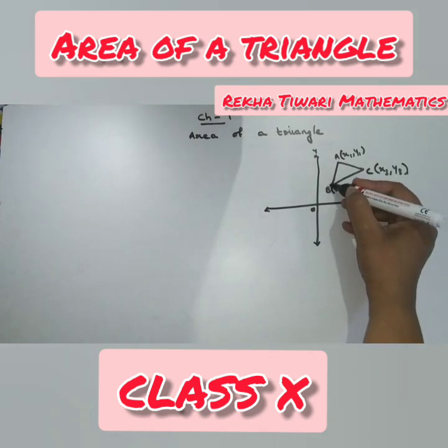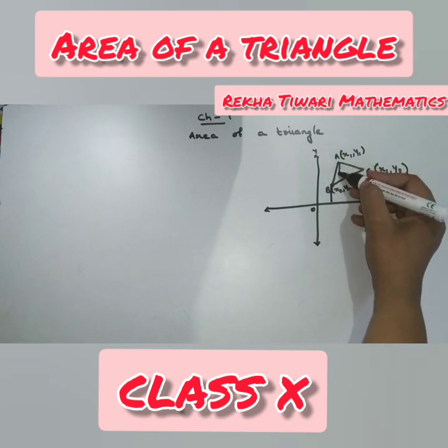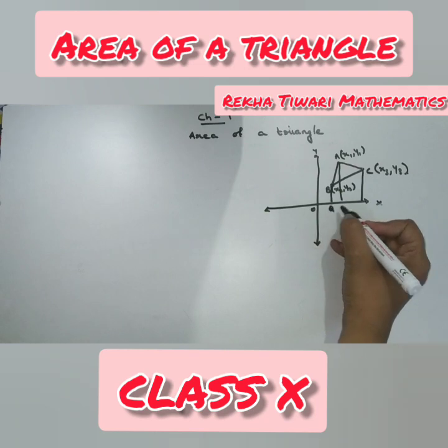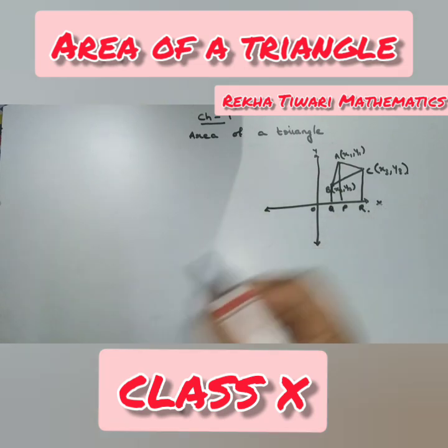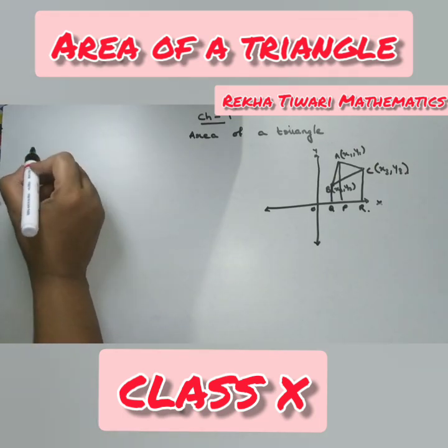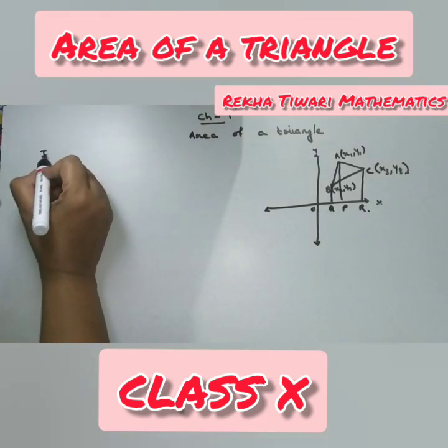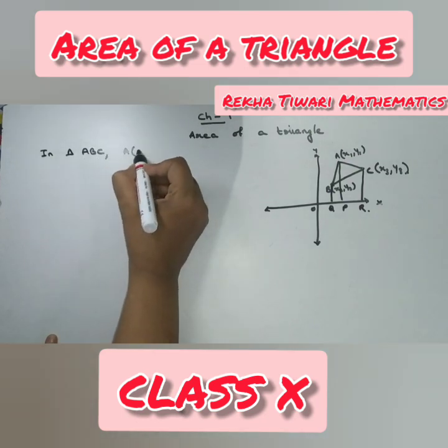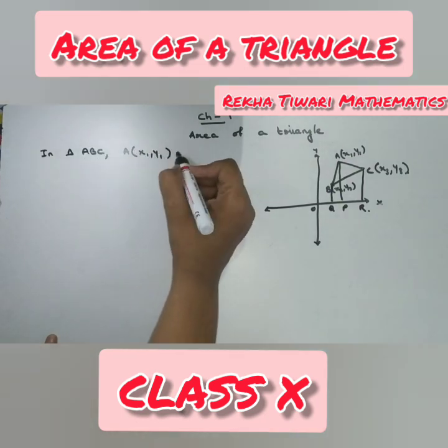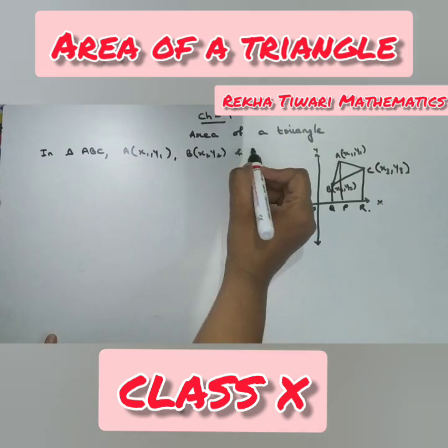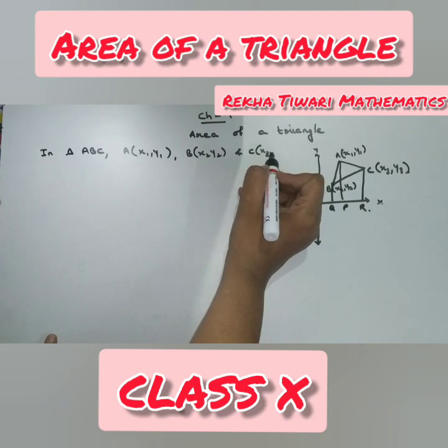Using the same process, you have to draw the perpendiculars from A, B and C on the x-axis. Let us name these feet P, Q, R. So we have 3 points in triangle ABC. Coordinates of A are x1, y1, B is x2, y2 and C is x3, y3.